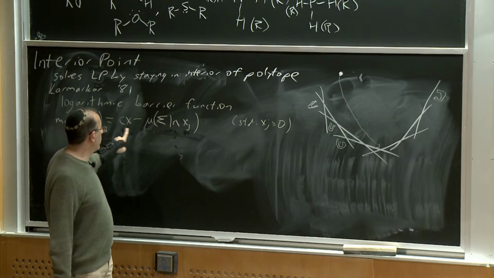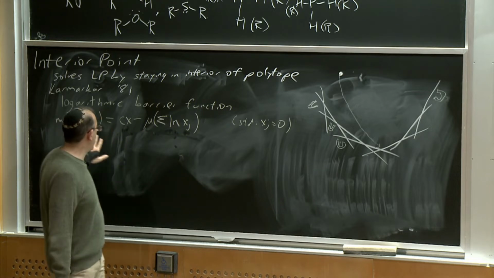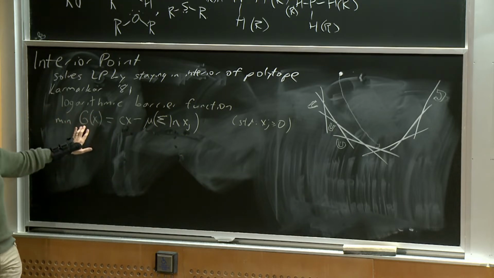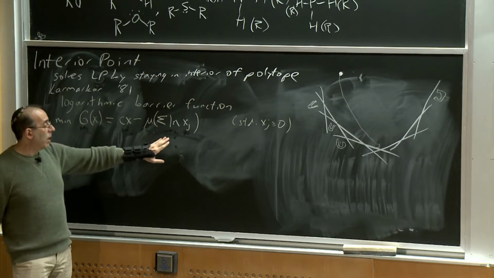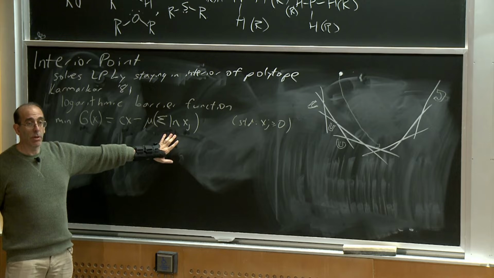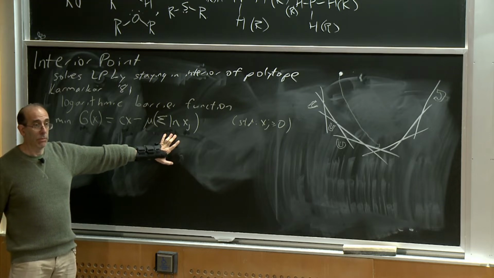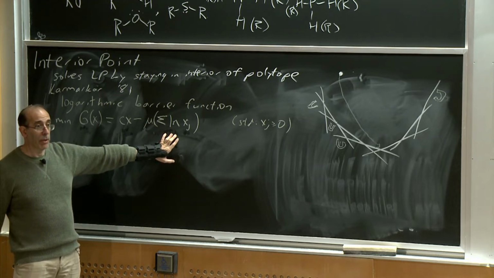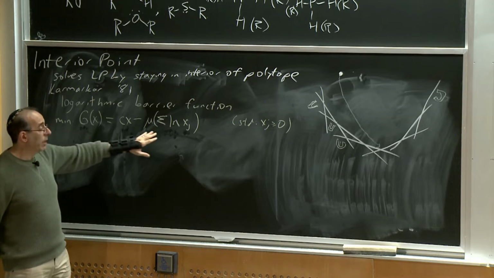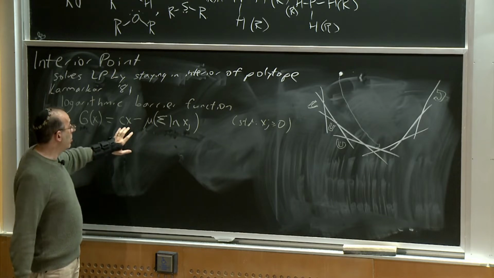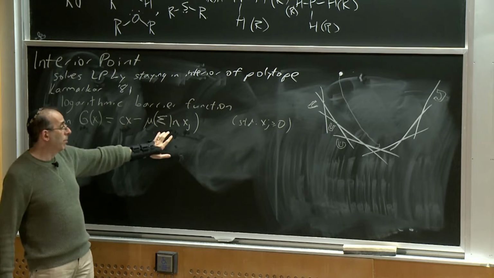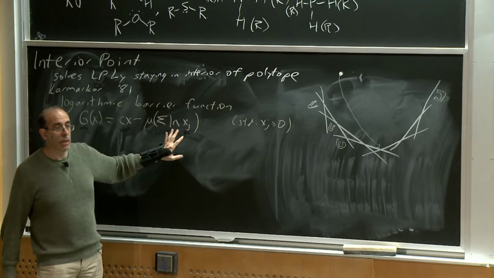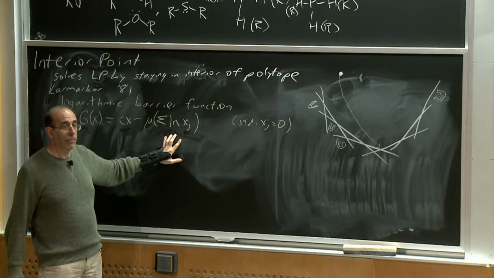So whatever you achieve in minimizing this logarithmic barrier function, you're going to do it without getting too close to the walls of the polytope. However, subject to not getting too close to the walls of the polytope, you are going to try to minimize this objective function. So this really implements the magnets that I drew in the picture.